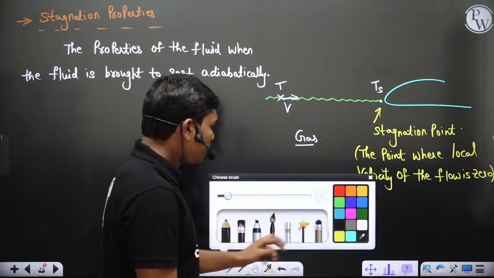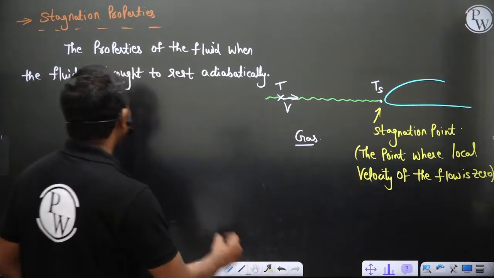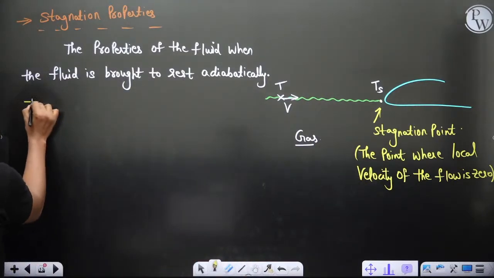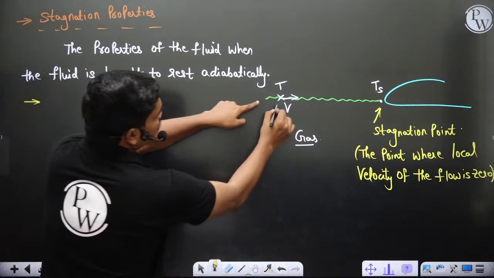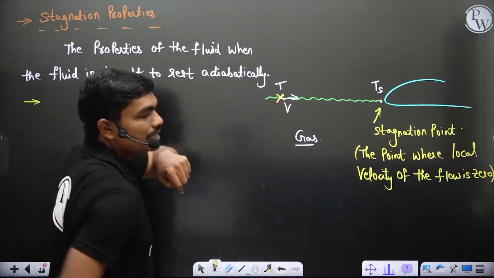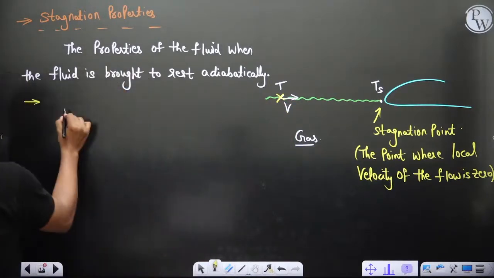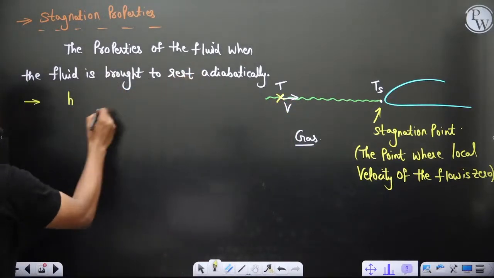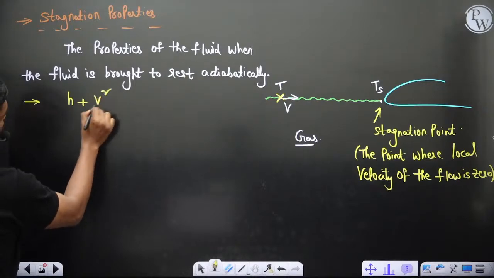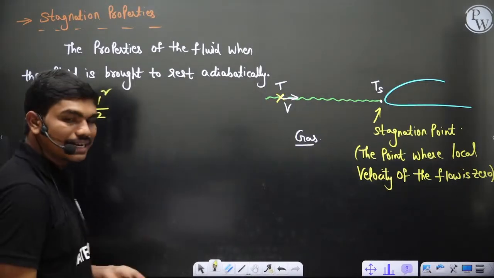Okay, now if you apply conservation of energy, you can understand at this point the total energy available with the fluid particle is enthalpy, because it has some temperature, plus V square by 2. Yes or no? So this is the kinetic energy for a particle.